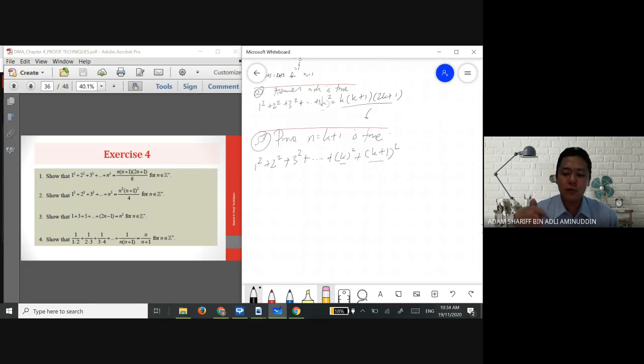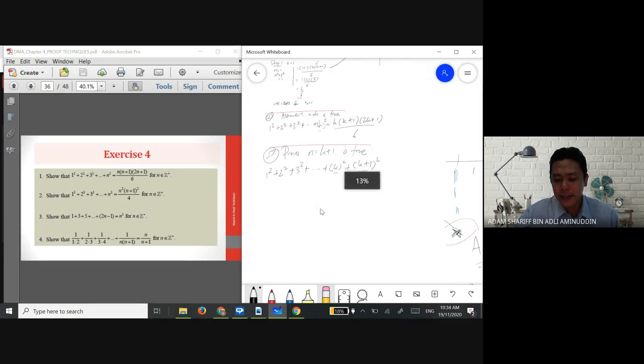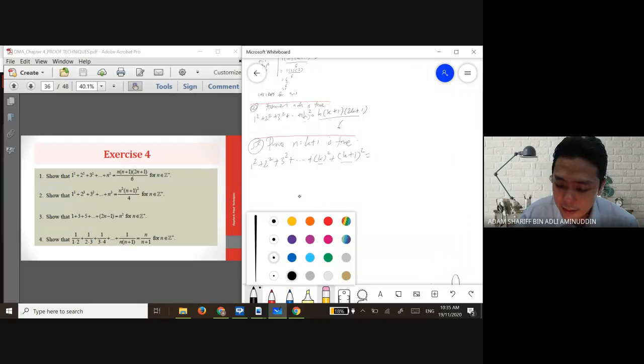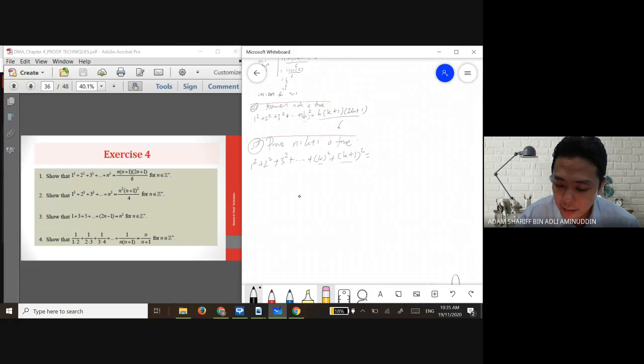You need to show that it will exhibit the same value as the right side. This is k. The bottom one becomes k plus 1. k plus 1.